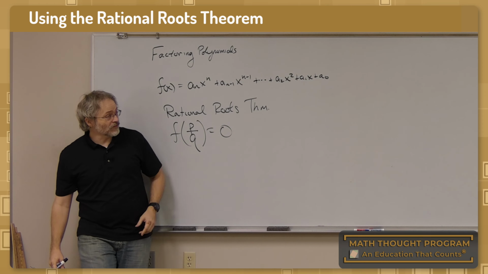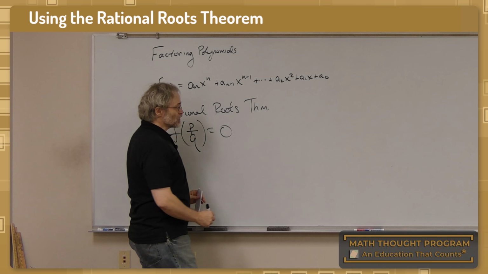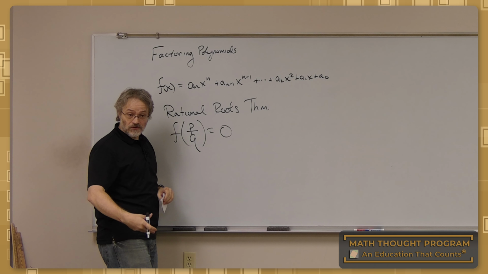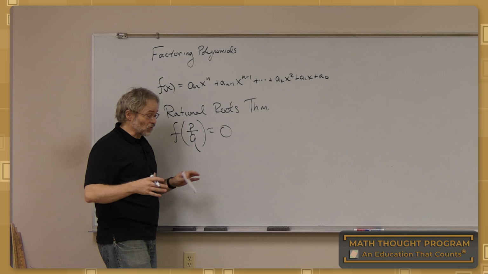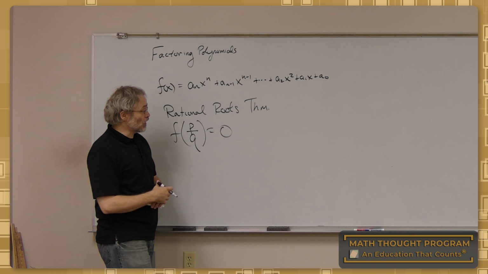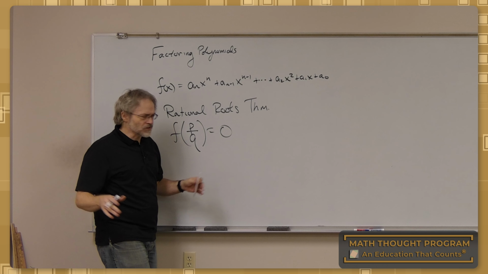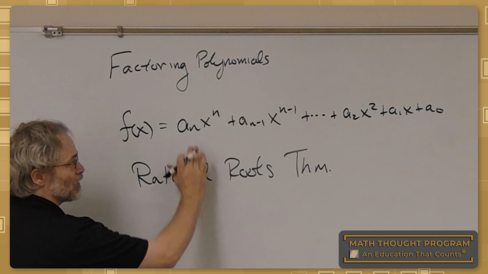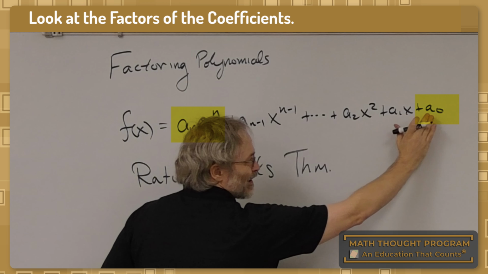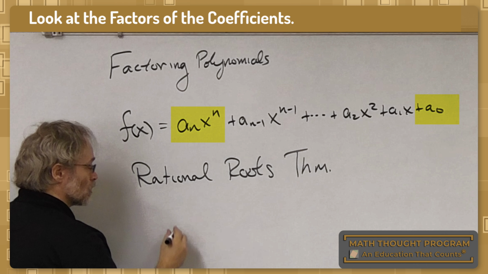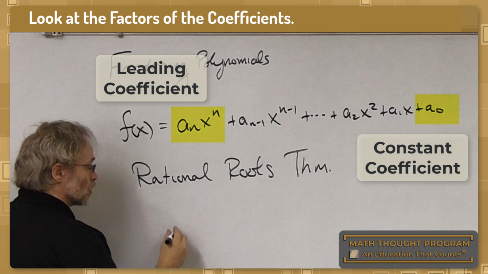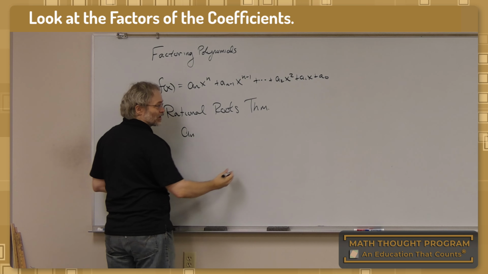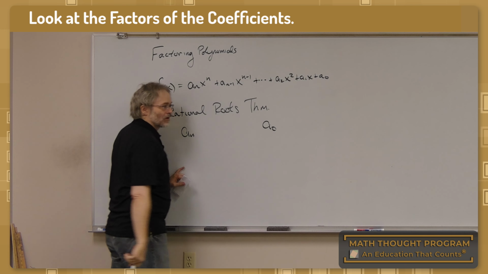Okay. So the theorem states, if you want to find these rational numbers, remember things like 2/3, 4/3, or something like 2 or even -1, not pi or square root of 2, you're going to be looking at this term here and that term there. Look at the leading coefficient, look at the constant at the very end.